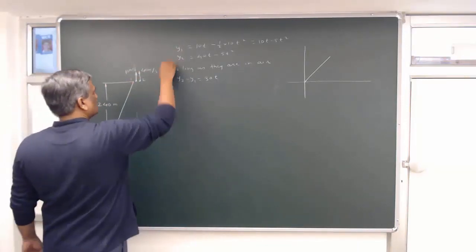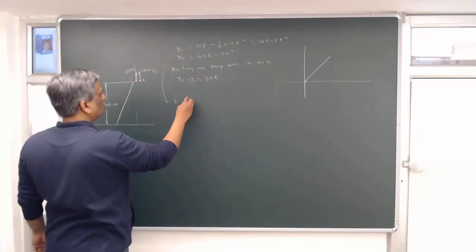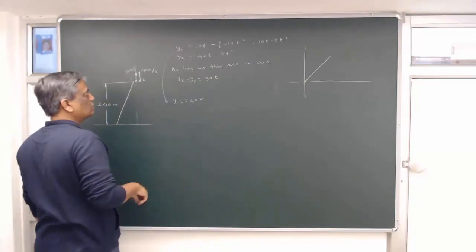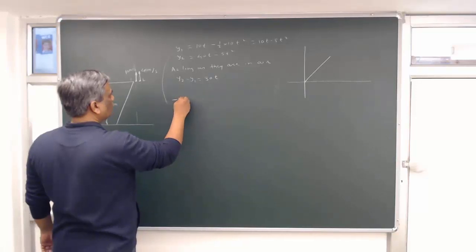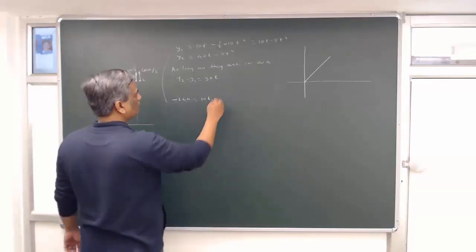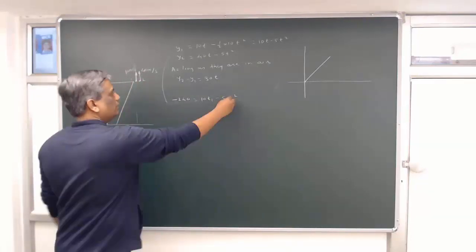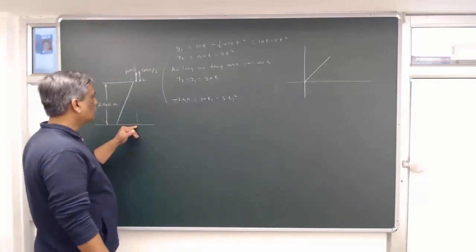So in this equation, I put y1 equal to minus 240 meter, because this downward displacement is minus 240. So minus 240 is equal to 10 t1 minus 5 t1 square, right? So that is the time at which it is going to hit the ground.